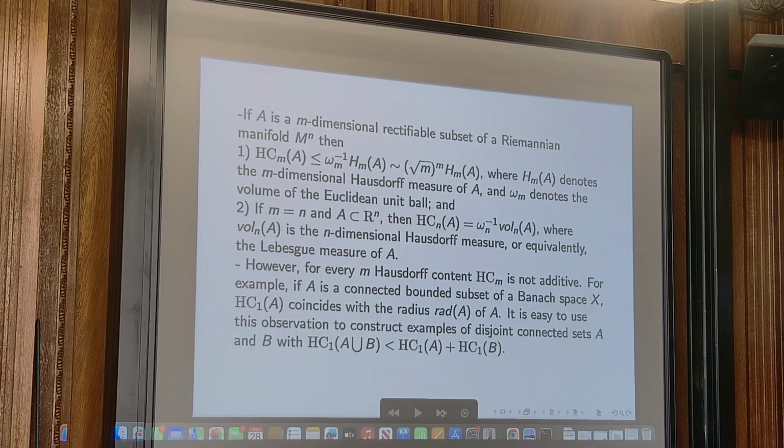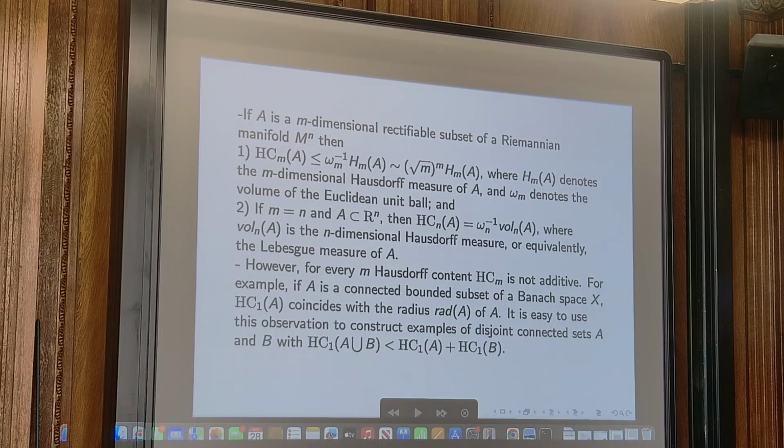So consider, for example, a two-dimensional disk of radius 1 of very large negative curvature. By definition, since it's a disk of radius 1, it's clear that the optimal way to cover it by balls is just to cover it by one ball of radius 1, and its two-dimensional Hausdorff content is 1. Now assume that we cut out a very small disk from the center of this disk of radius 1.